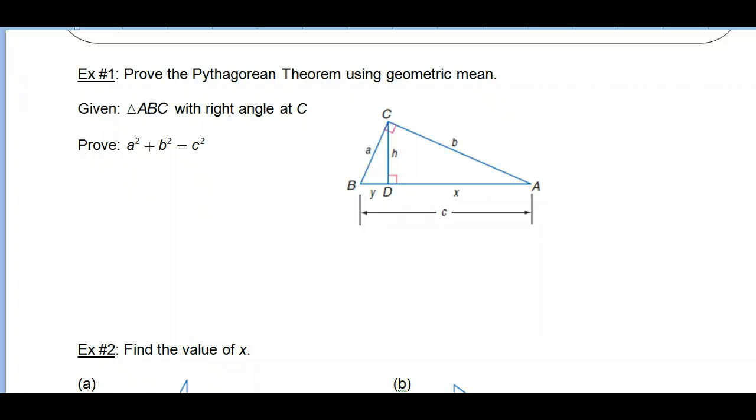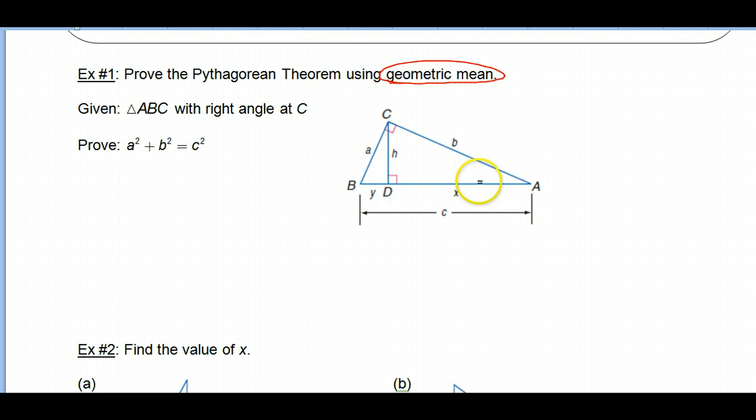The first thing I would like to do is prove the Pythagorean theorem using geometric means. It's actually not a difficult proof. It's all algebra. Here we have our triangle ABC with a right angle at C. A number of these sides are labeled H for the height, the altitude.